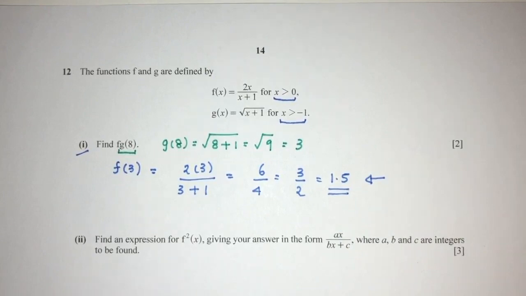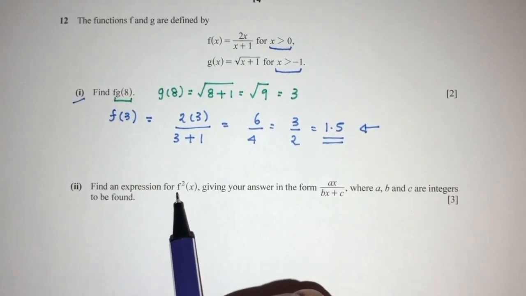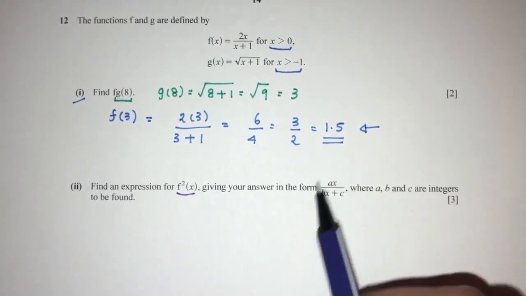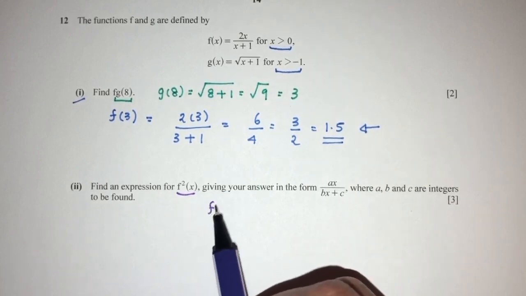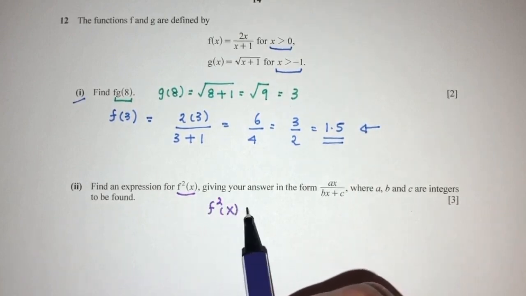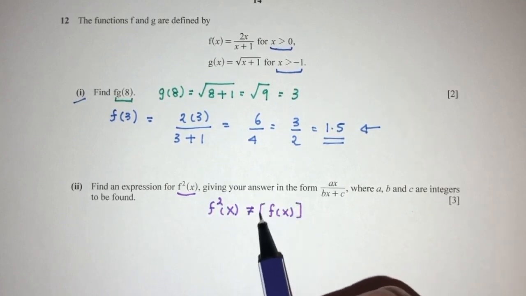Now let's move on to part 2. We have to find an expression for f squared of x, giving you an answer in this form. Something we have to know is that f squared of x is not the same thing as f of x with a square applied to it.